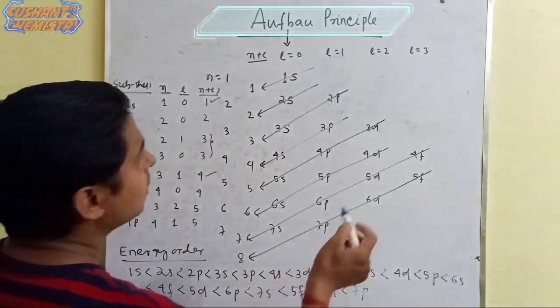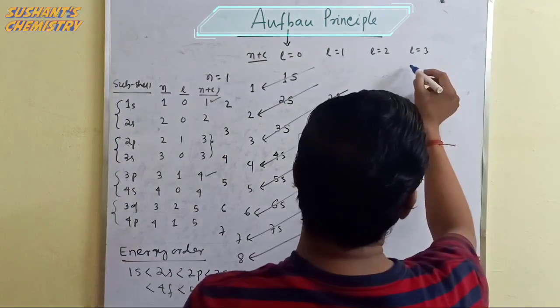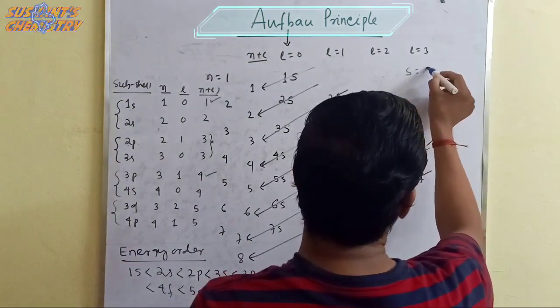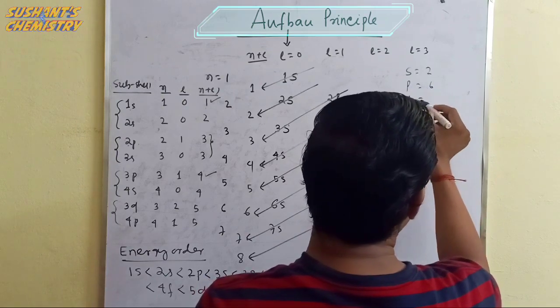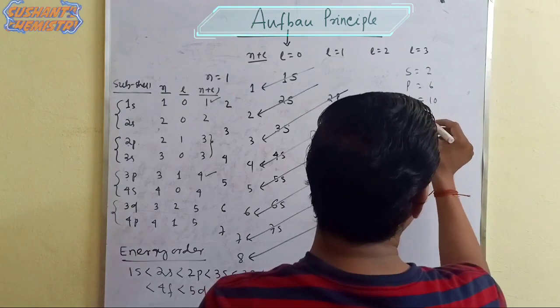Similarly, we know that the maximum number of electrons in an s subshell is 2, in a p subshell 6, in a d subshell 10, and in an f subshell 14.